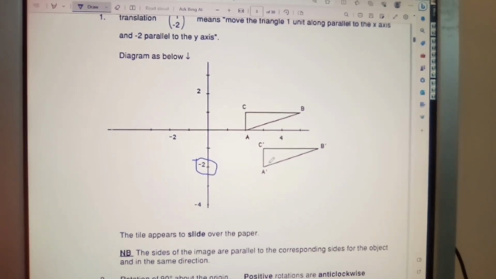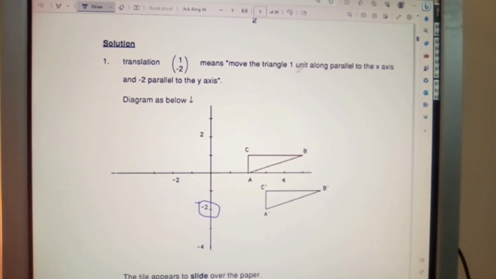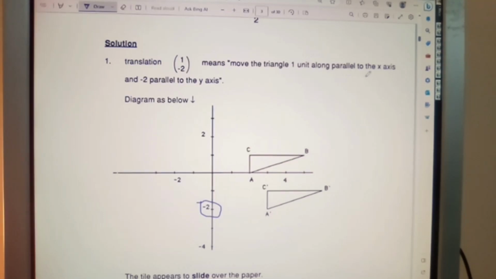Now try and plot these. Again, let's look at that. Translation means move the triangle 1 unit parallel to the x-axis from the original, okay? That's the position of the original, and you move it along from the original, which will bring it to this point here.